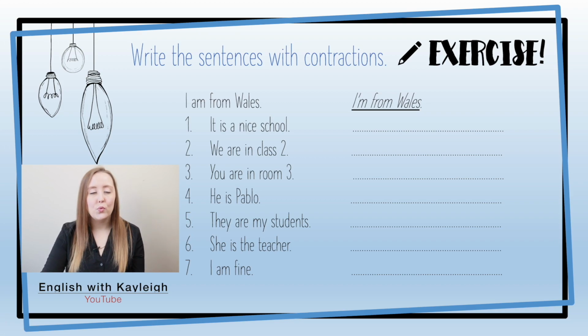Listen, I'm going to read the 7 sentences. Number 1, it is a nice school. Number 2, we are in class 2. Sentence number 3, you are in room 3. Number 4, he is Pablo.